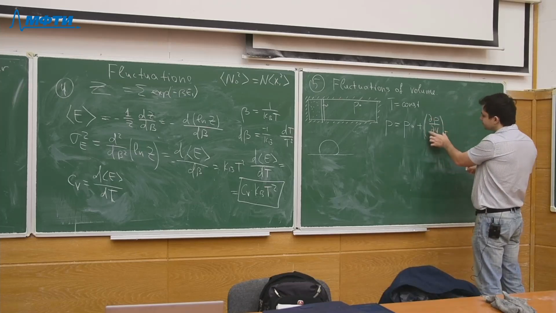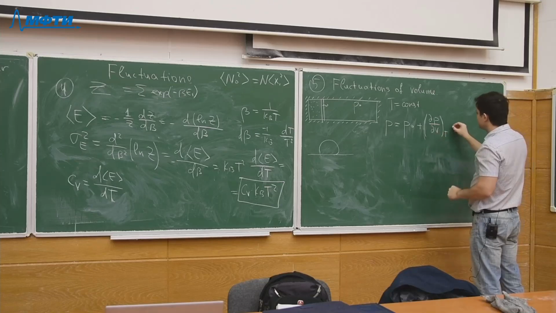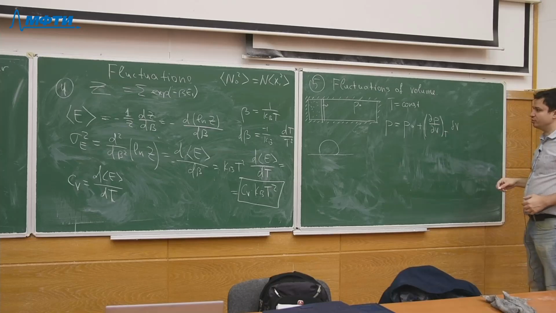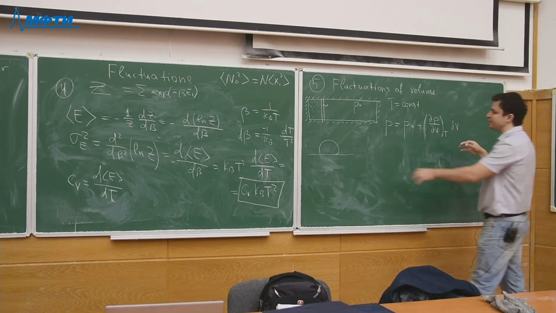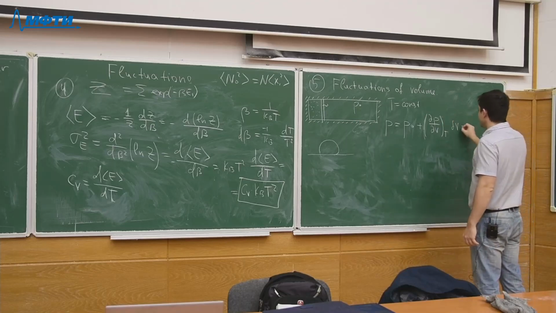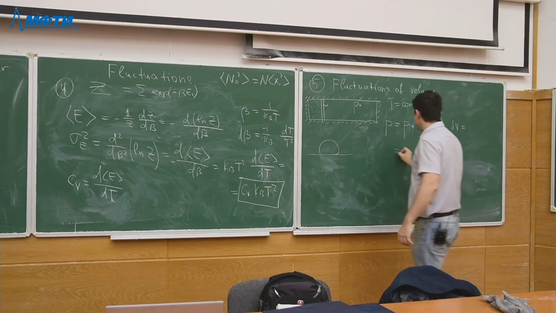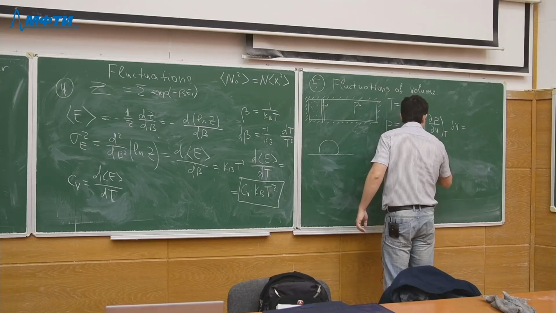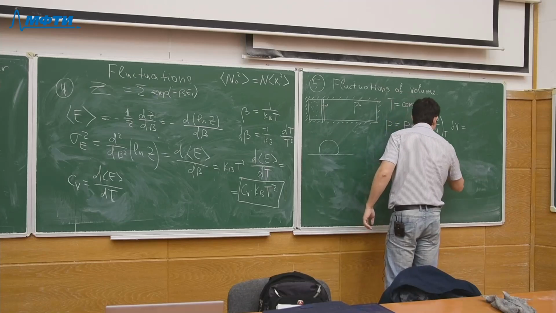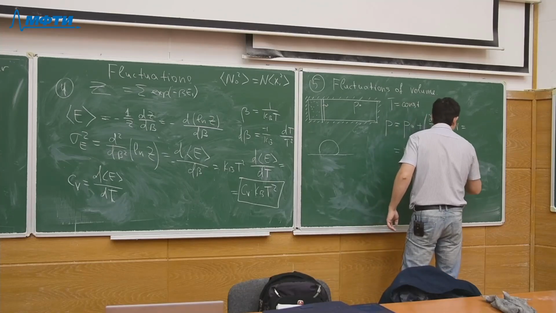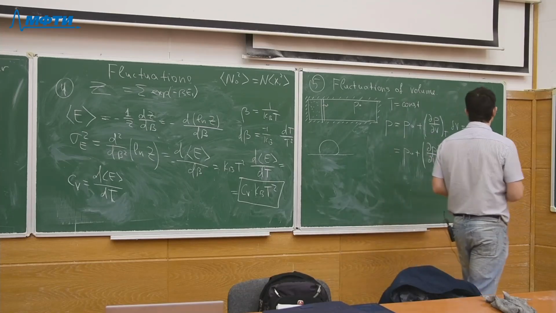Then I need to multiply it by the change of the volume. In this imaginary situation with a piston, that volume change is the product of the cross-sectional area of the piston A multiplied by the displacement of the piston, delta x.